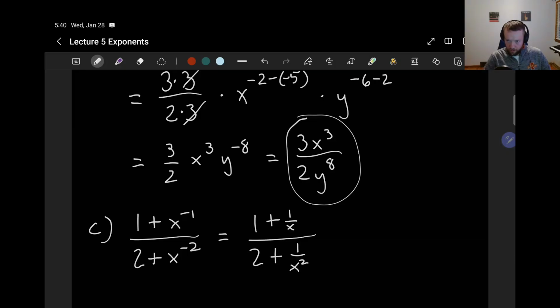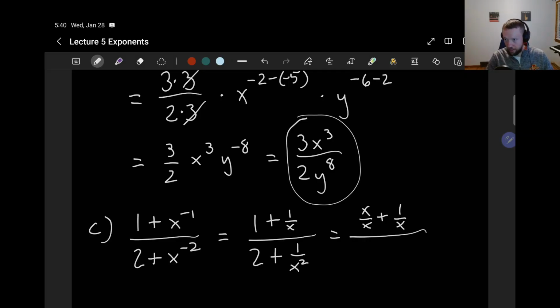What I want to do then is turn these into a single fraction, both numerator and denominator. I can do that by finding a common denominator in each. One can be rewritten as x over x.